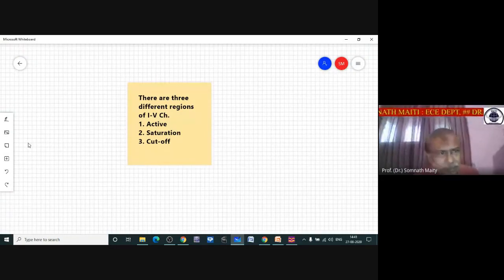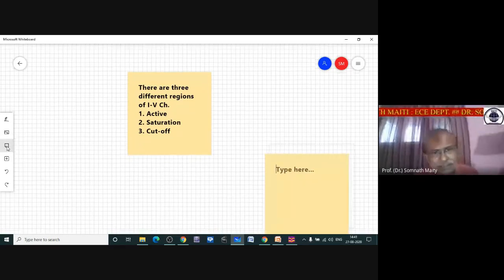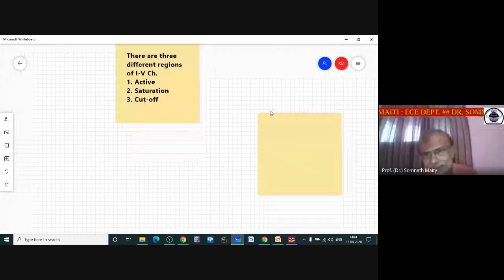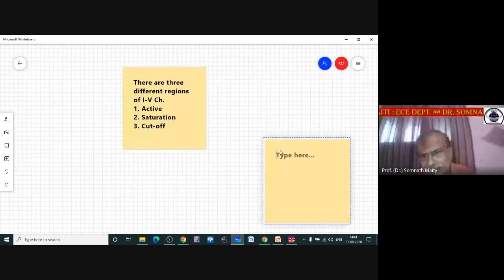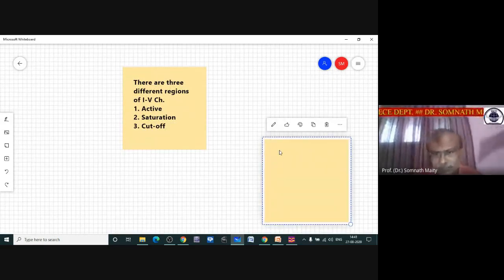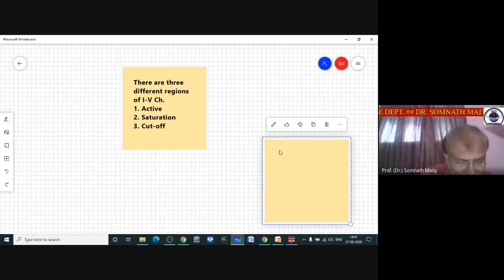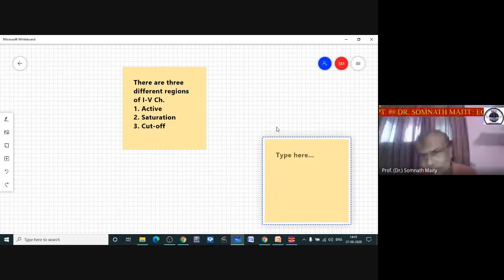This is one important thing. And next is active. Active means, okay, so let us write, there are two junctions.